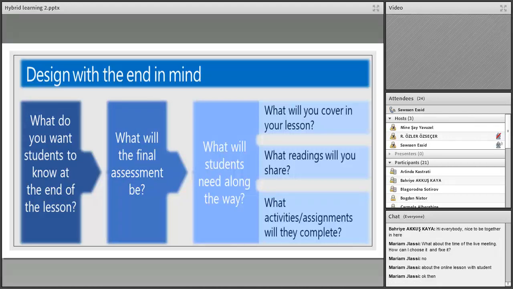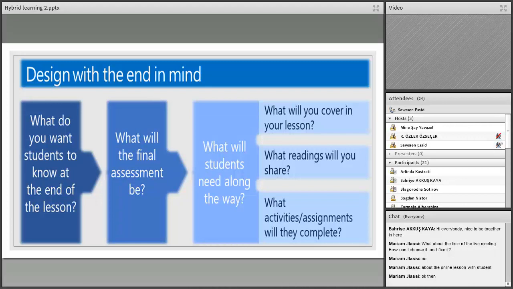So when I design a lesson, what shall I keep in mind? I design with the end in mind. I start with the first question: what do you want students to know at the end of the lesson? Then, what will the final assessment be?